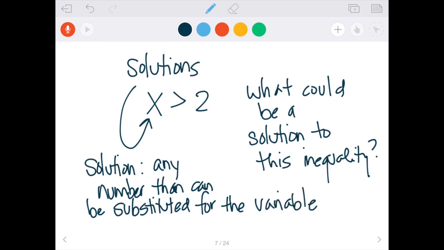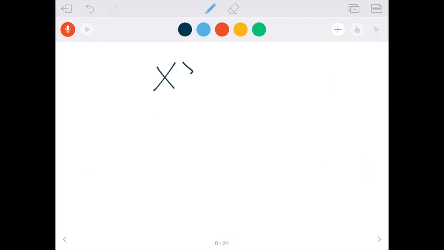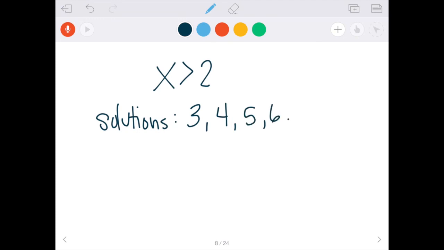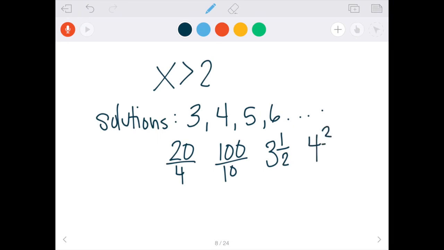So for example, if I have x is greater than 2, possible solutions for x, there are infinite solutions: 3, 4, 5, 6, etc. Any fraction that's larger than 2, 20 divided by 4, because that's really equal to 5. 100 divided by 10, because that's really equal to 10. 3 and 1/2. 4 and 2/3.